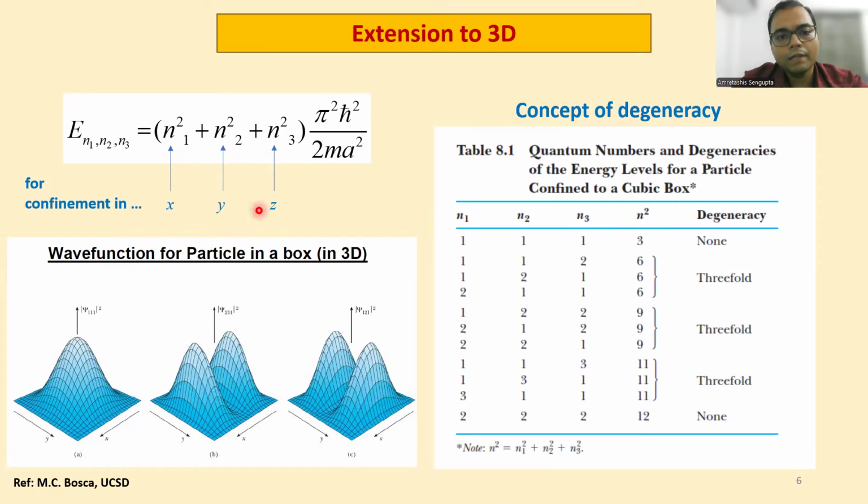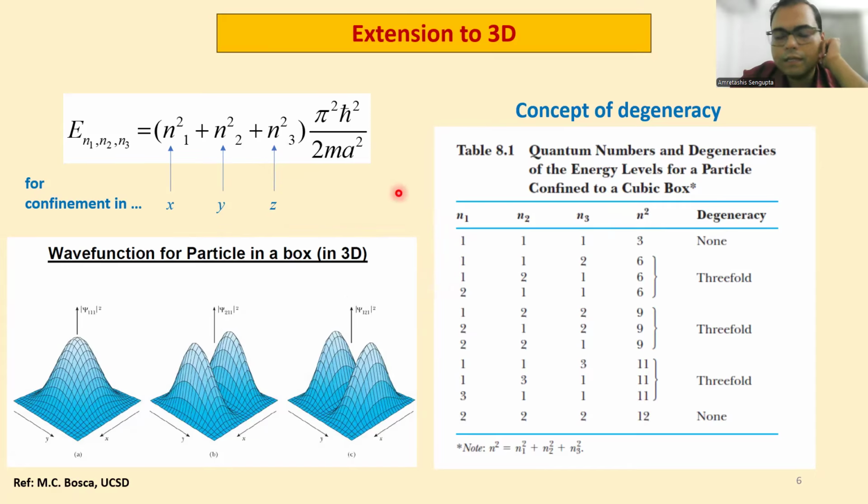We can label the confinement in the z direction with n3 squared, and like that. These n1, n2, n3 are all representing quantum numbers, and different n means a different quantum state.